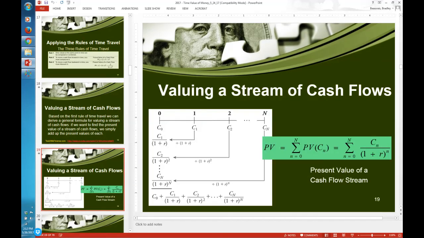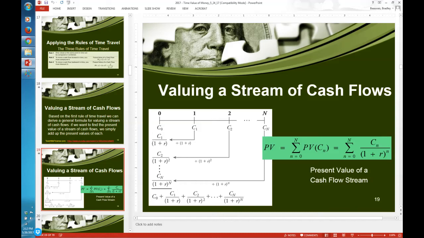We can do this mathematically through the discounting process and find that PV, the present value, which is simply the summation of all of the present values from 0 to n, using our summation calculation. We discount each one appropriately by the right exponent, n, at the appropriate discount rate, r, and come up with a summation of all of those values.